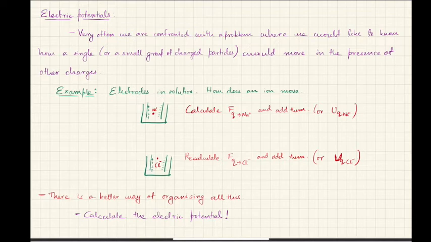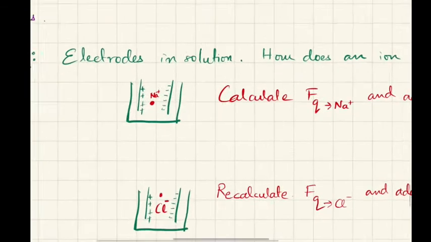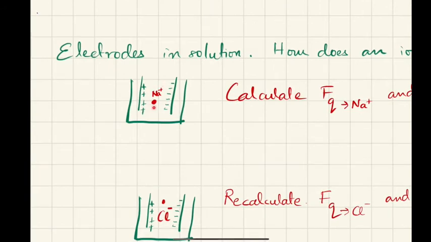So, for example, let's take a common example. Suppose there are these electrodes that I'm showing you in this figure. They're in solution, and just for simplicity, let us forget about everything else, and maybe there's just one positively charged sodium ion right in the middle of these electrodes.